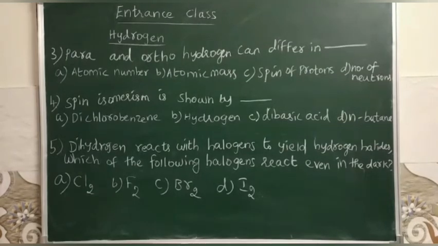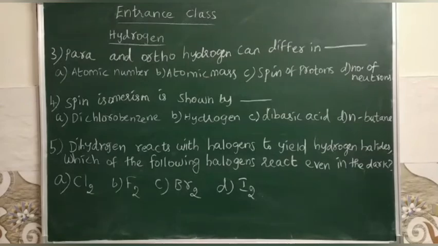Okay. So the same concept, the question will be different. Third question, how ortho and para differ. Fourth question, which shows spin isomerism. Ortho and para are isomers of hydrogen. Okay. So which option is correct? Option B.